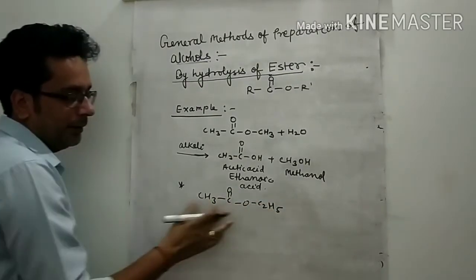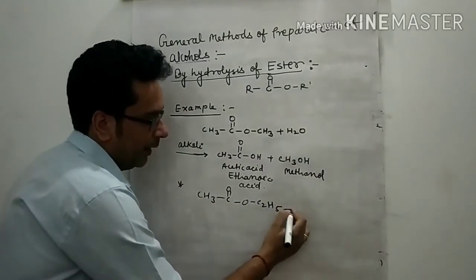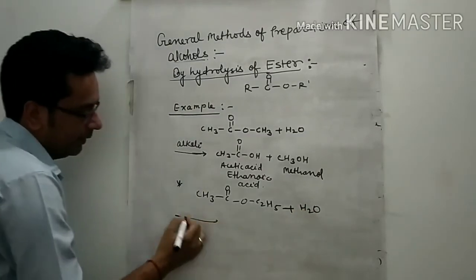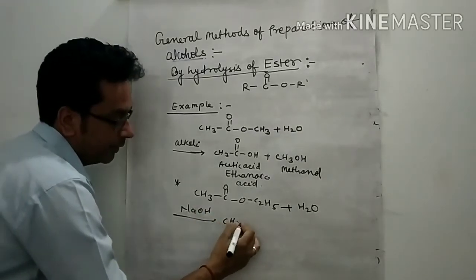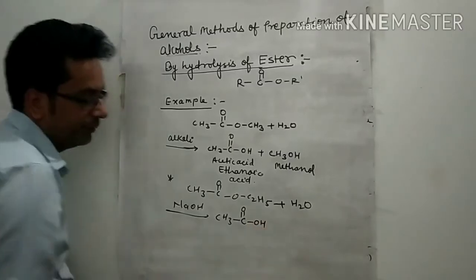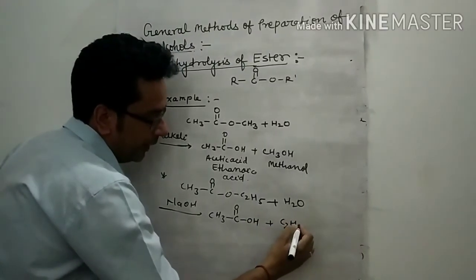Now next example, CH3COOC2H5. In this example, we have taken different alkyl groups. Look here, it also reacts with water in the presence of alkali like sodium hydroxide. Then there is formation of CH3COOH and C2H5OH.